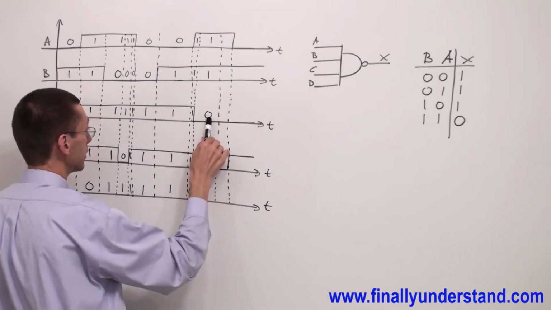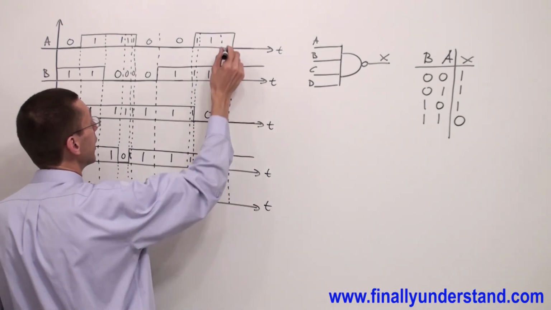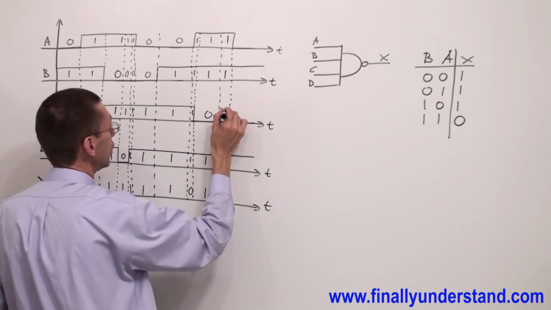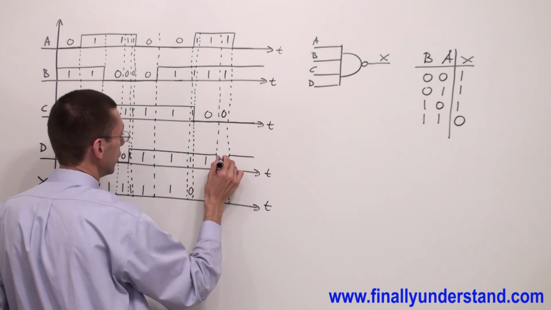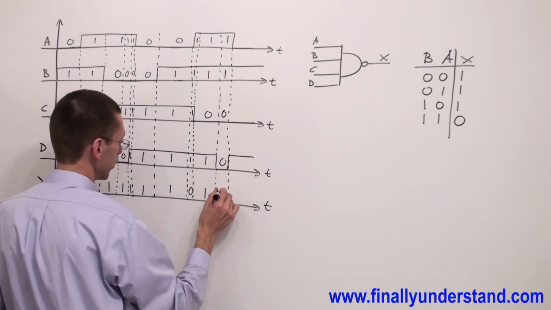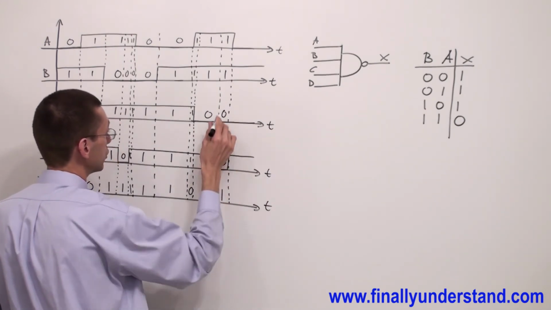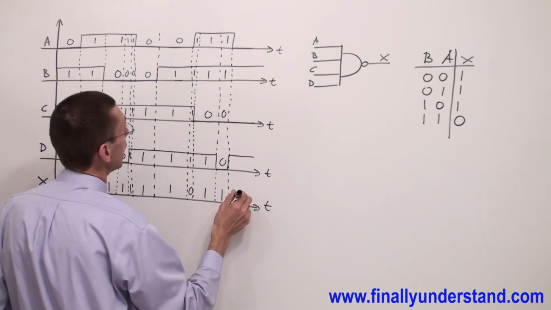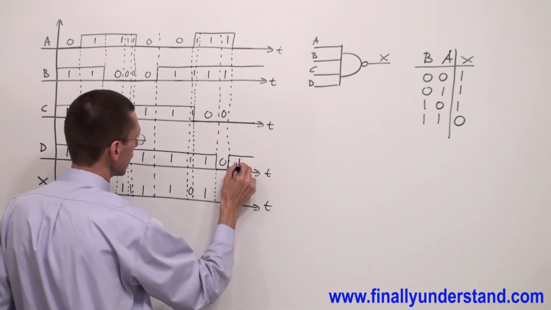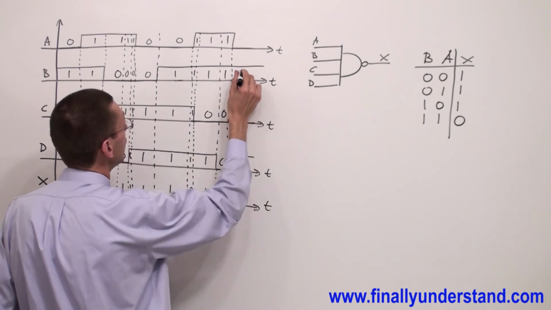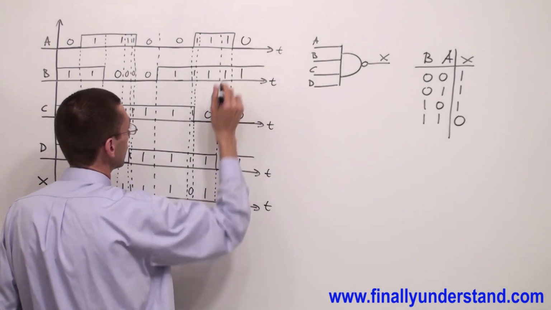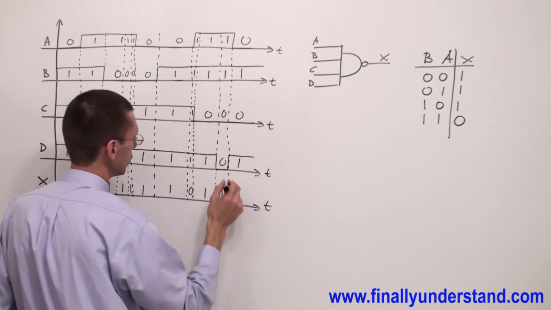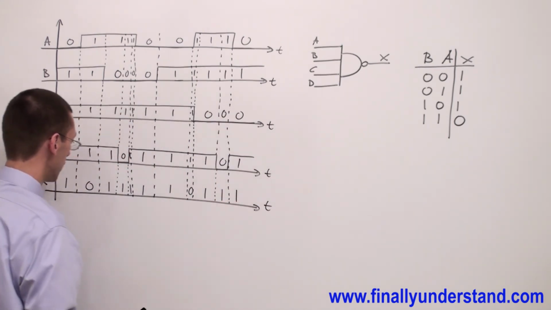Why? Because I got one 0. And I have high, high, low, low. That's why this is going to be high, because I got two zeros. And I have high, low, high, low. Okay, because I got lows, this is going to be high.